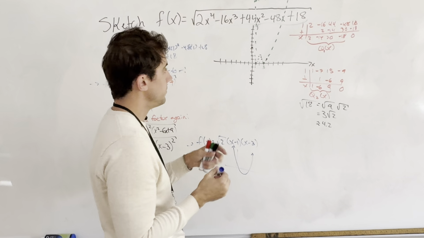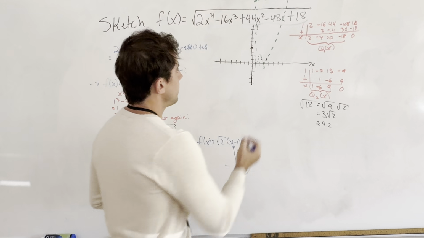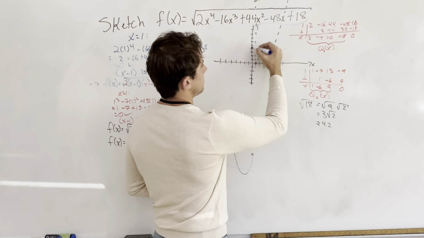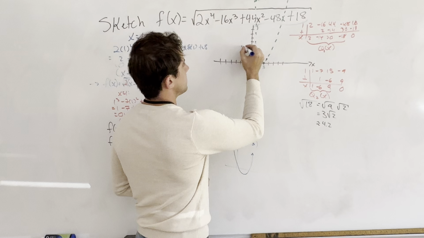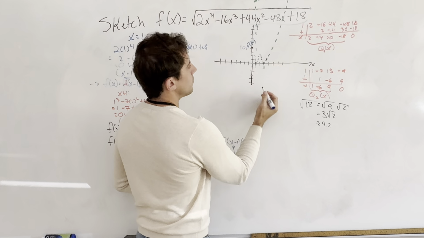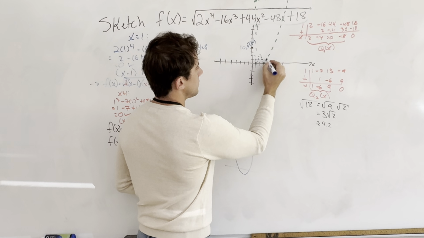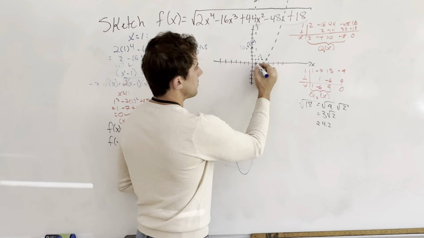And so, meaning that when we actually try to sketch the f of x curve, we know we have a y-intercept at 0, root 18. We know we have invariant points where y is equal to 1 and where y is equal to 0.